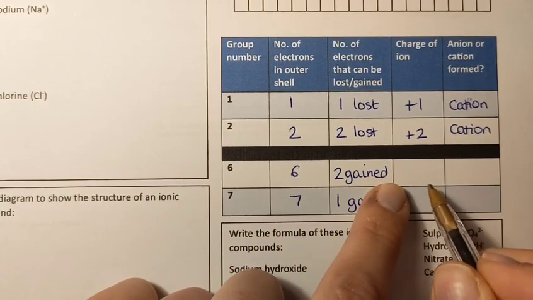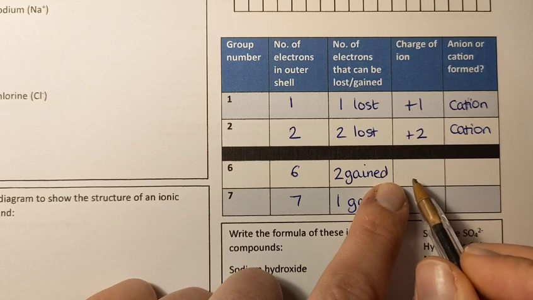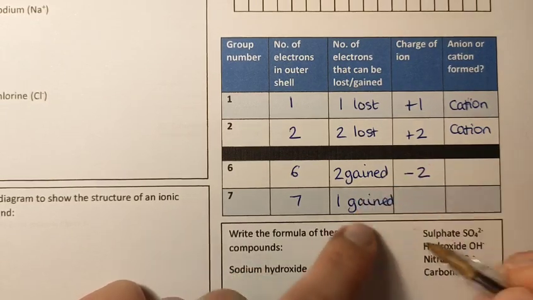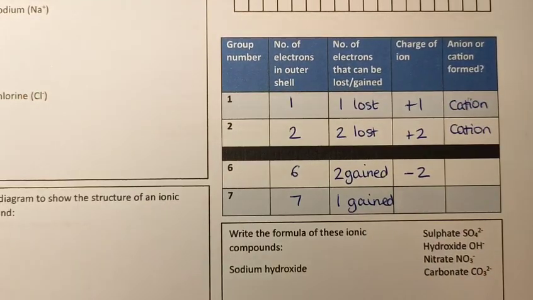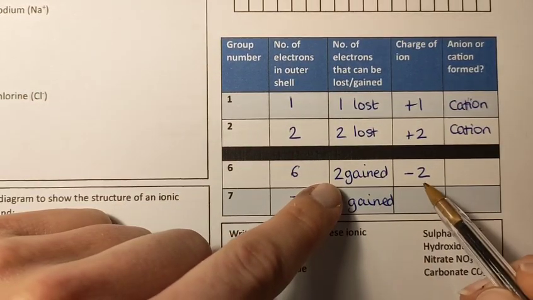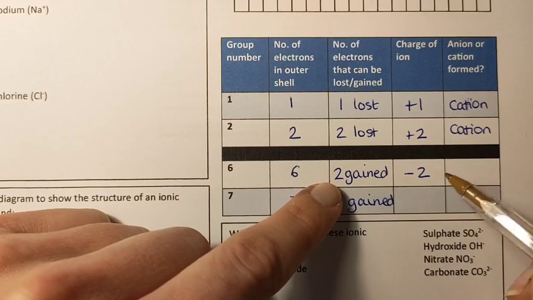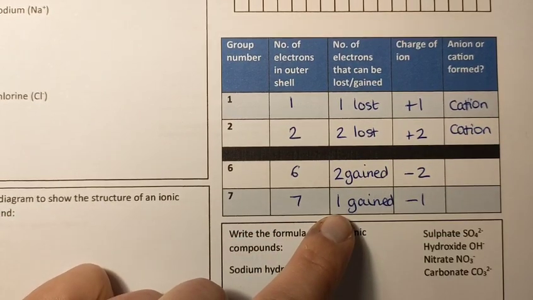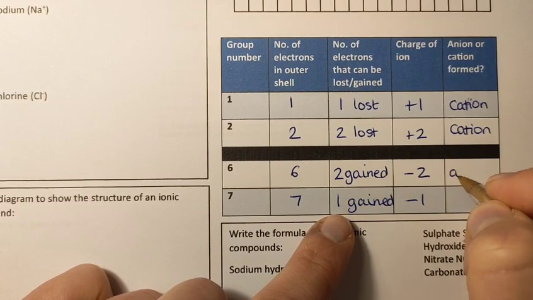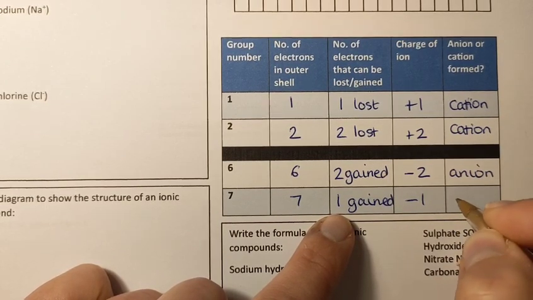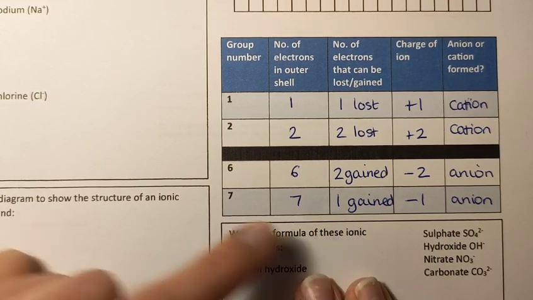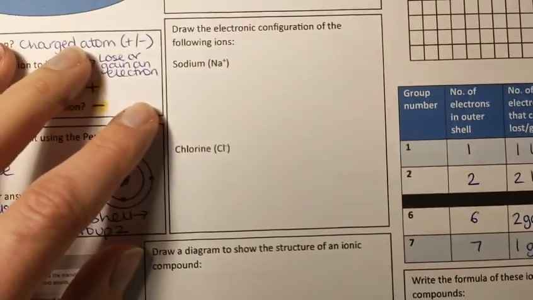If you gain 2 electrons, each one is negative, so it's minus 2. This is quite hard getting our head around because it's simply opposite to what you think. If you gain 2, you might think it'd be positive, but you have to remember electrons are negative. And here that's 1 gained, minus 1. So this is an anion. That one's an anion as well. Negative ions.